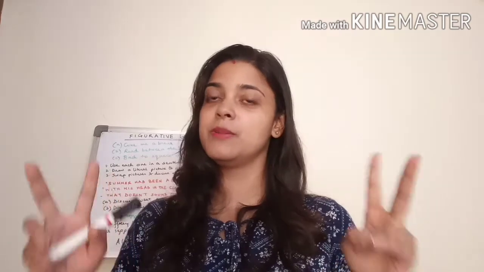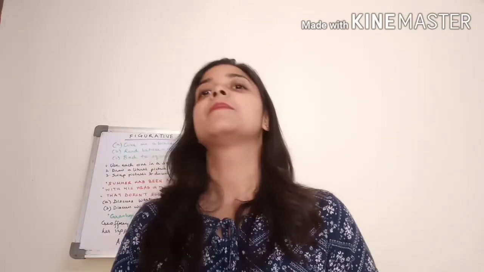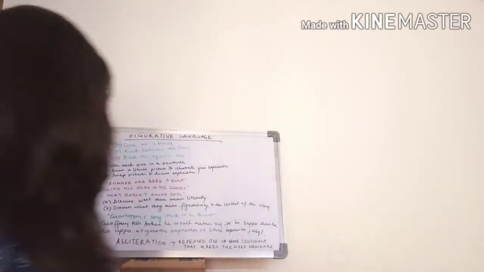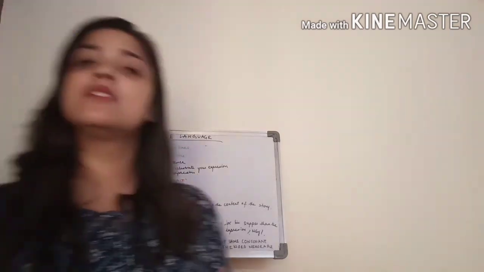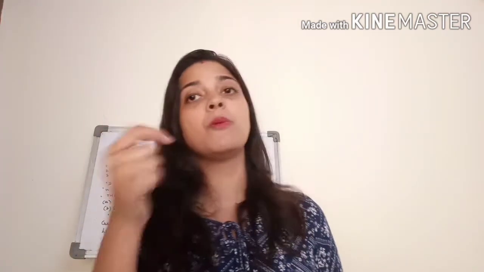In this version of the story, we were introduced to something new, which is not in the 8 parts of speech that we have all learned. This is called alliteration. Okay, what is alliteration? Alliteration is the repeated use of one consonant to make the words memorable.